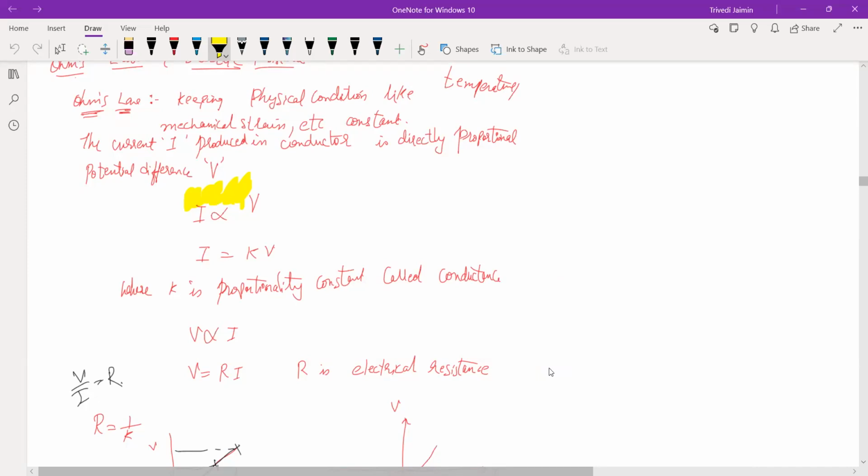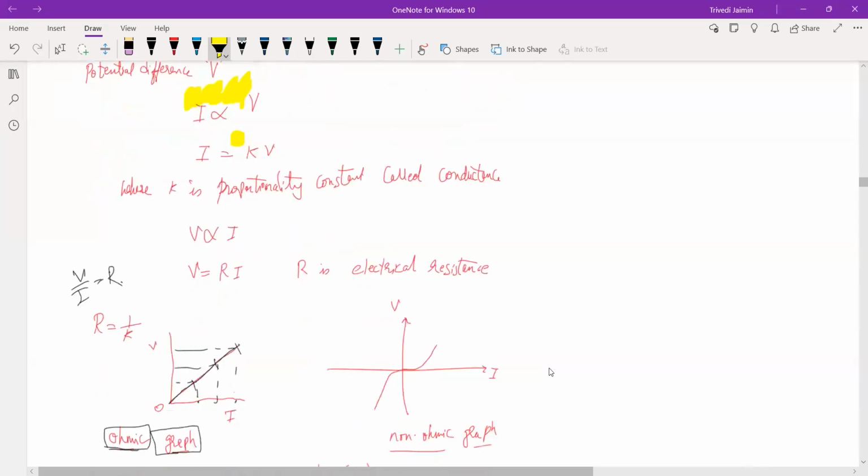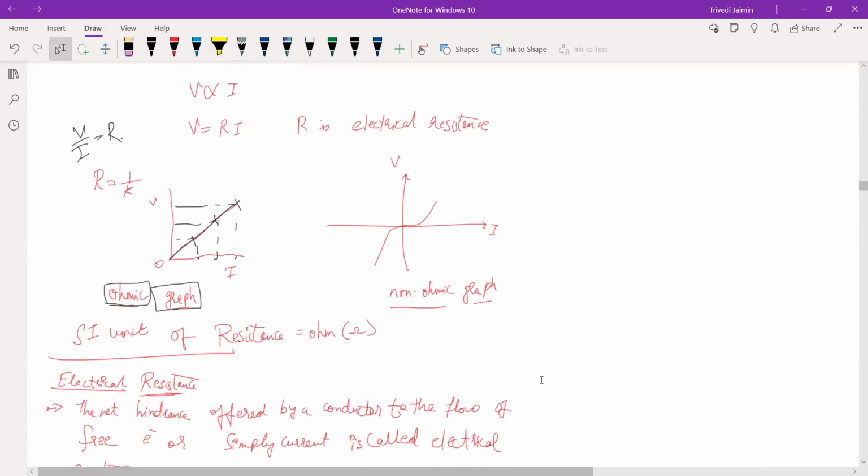Now, when there is a proportionality, removing the proportionality gives one constant. That constant, we are naming as electrical resistance. V equals IR. It will be the same for V and I as they are increasing linearly.